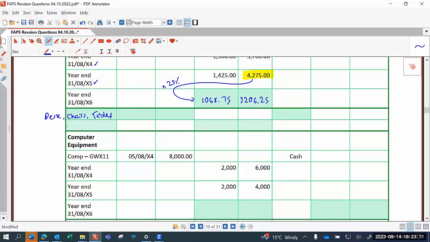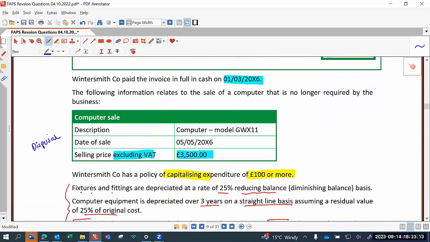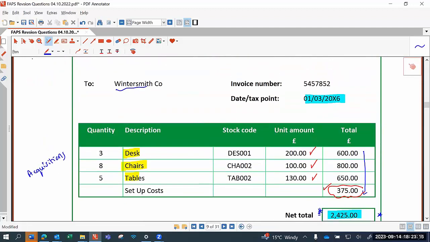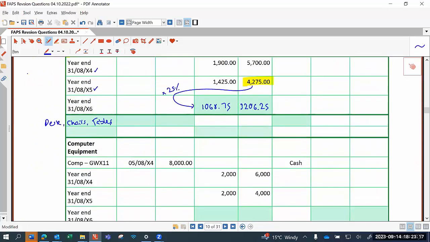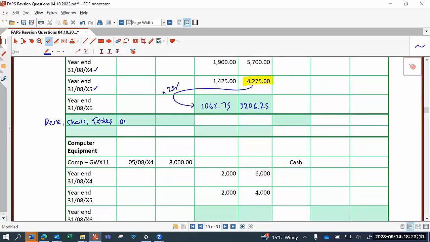And the acquisition date of those, looking at the invoice, 1st of March, XD6. We know that's also the day it was paid. We're going to follow the format the question suggested for dates, which was day, month, and then year. The amount is 2,425 net of VAT.